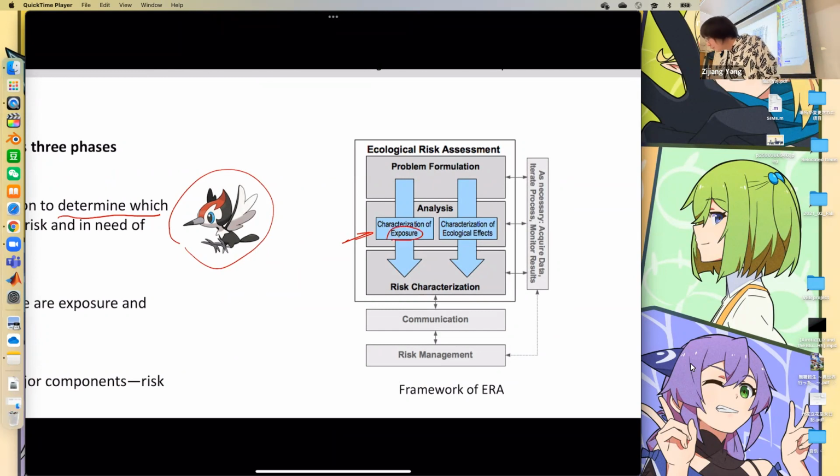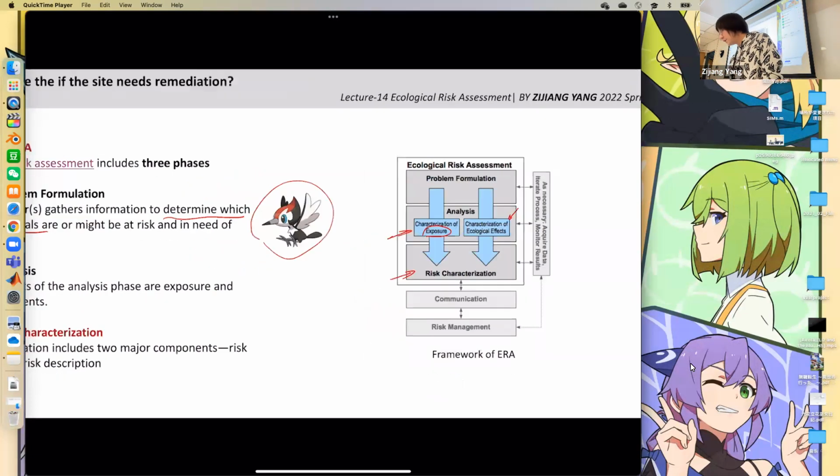We also want to gather information or do some experiments to characterize the ecological effects of this chemical, like how toxic it is. Finally, in the third phase, we do risk characterization, where we combine the information on exposure and effects to describe and quantify the risk.